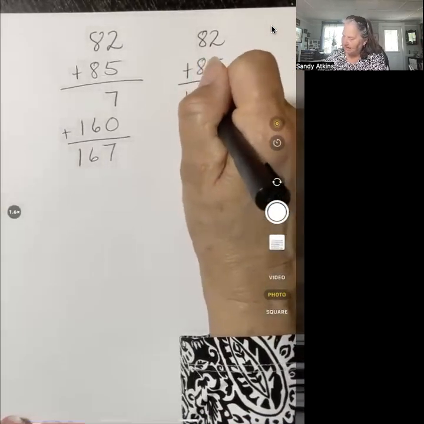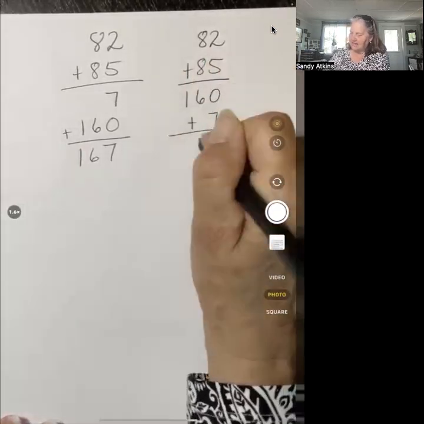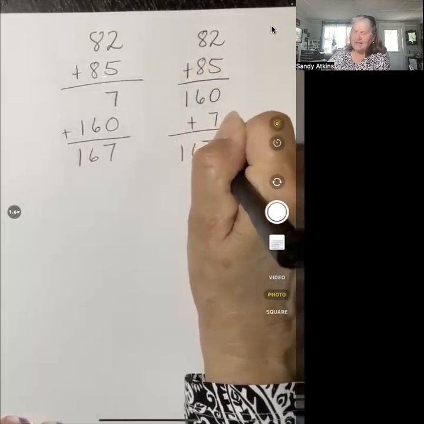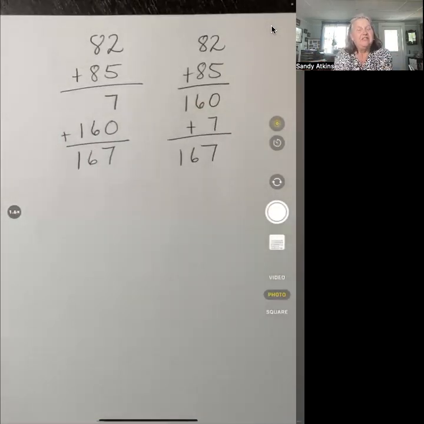It really won't make a difference. And for some of your children who have a hard time following some of those very specific rules, this is a great alternative for them because it teaches both place value and how to do an addition efficiently.